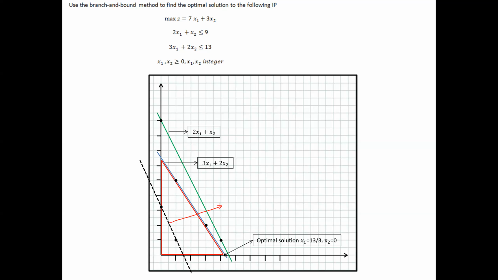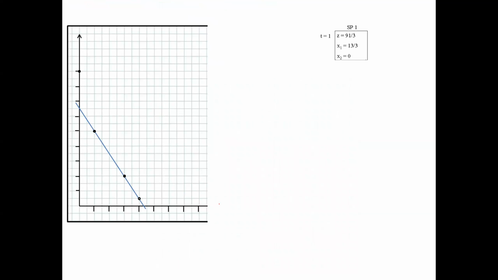The only decision variable showing a fractional value is x1, 13/3. We want to branch on x1 because x2 is already an integer. So if we set up our first node of the tree, we have z equals 91/3, the optimal solution with x1 equals 13/3 and x2 equals 0.